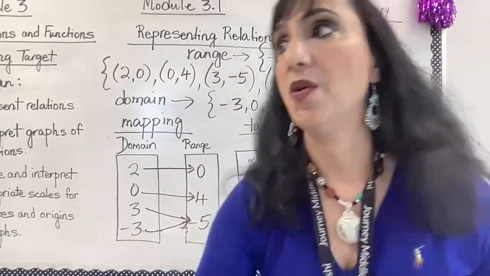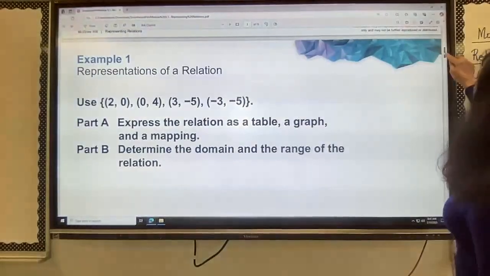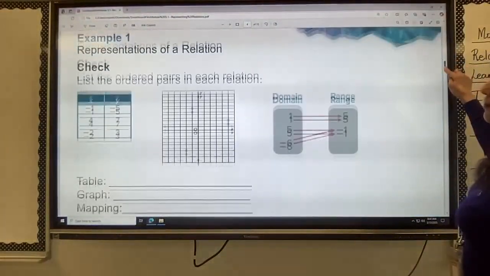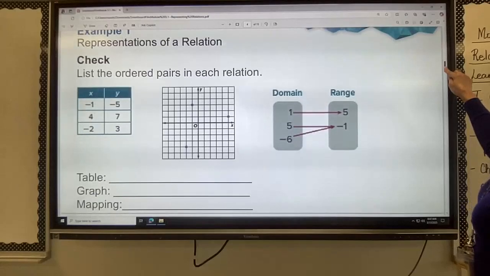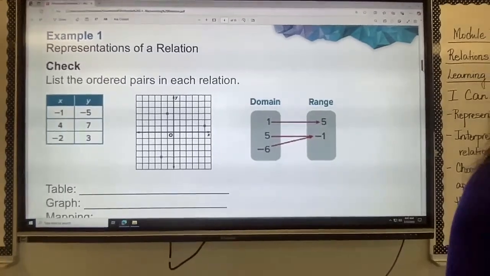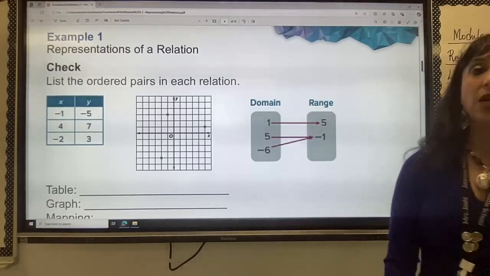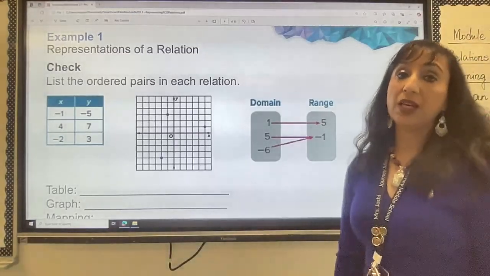All right, so let's go back to my whiteboard, and I am going to look at this problem. So let's look at this and see what it is asking. It is saying we're representing the relation again.